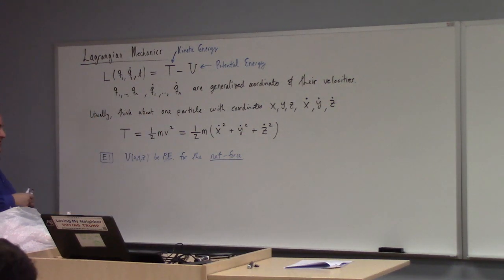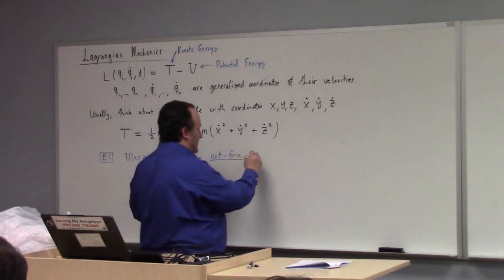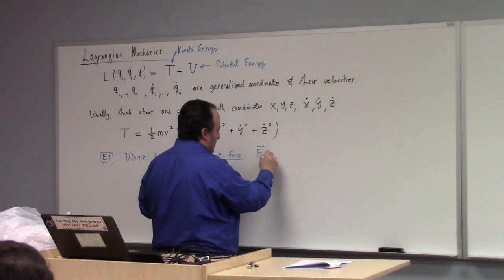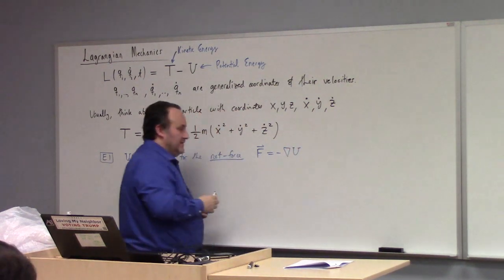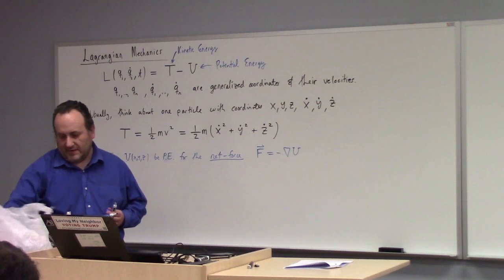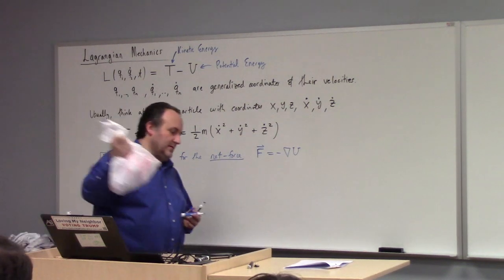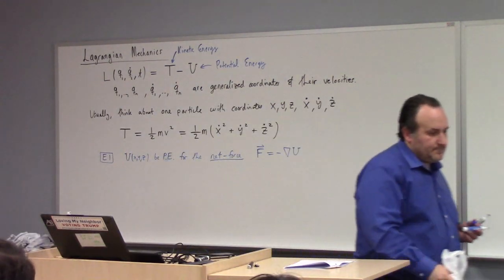All right, if it's the net force, remember how this works? We have the net force vector is equal to minus the gradient of the potential energy function, right? That's how potential energy is defined. Its relation to the net force is that.